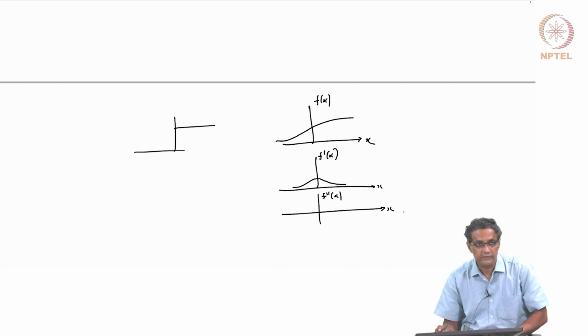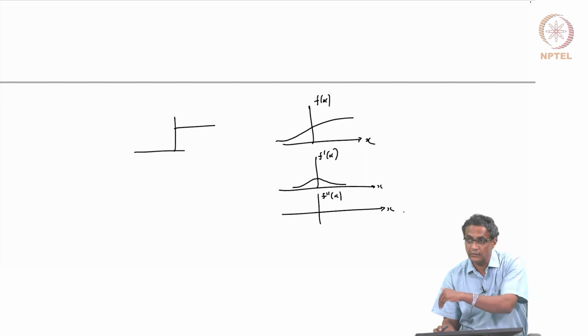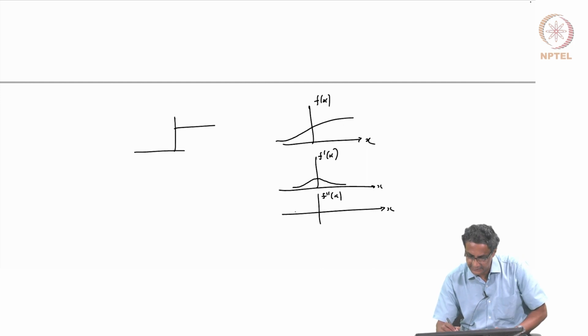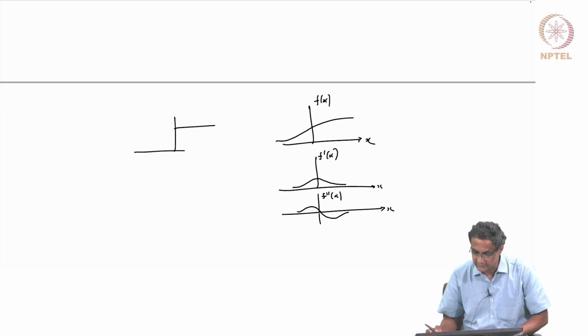If we take a derivative of f dash, it's initially climbing, eventually hitting 0, and then the signal is falling, so f dash goes negative. So at 0 it will cross the 0, change its sign, and go on to the other side.